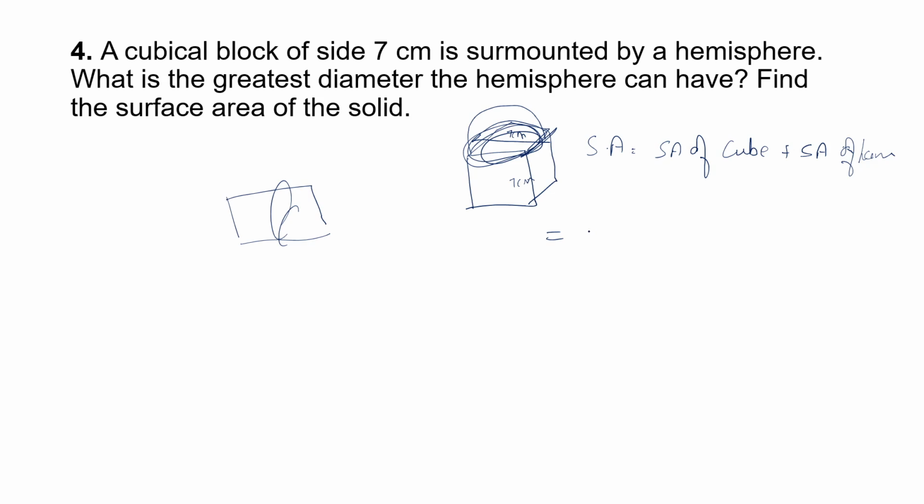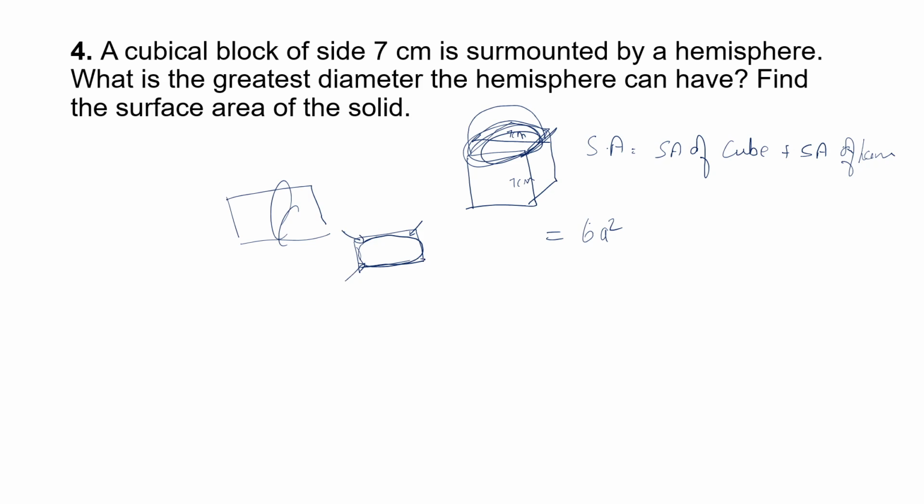Okay, surface area of cube is what? If you consider top and bottom, it is 6a square. If I take 6a square, whole top also, the top will be like this. Let me draw like this. See here, if a hemisphere is on this, then this much area is left out, right?